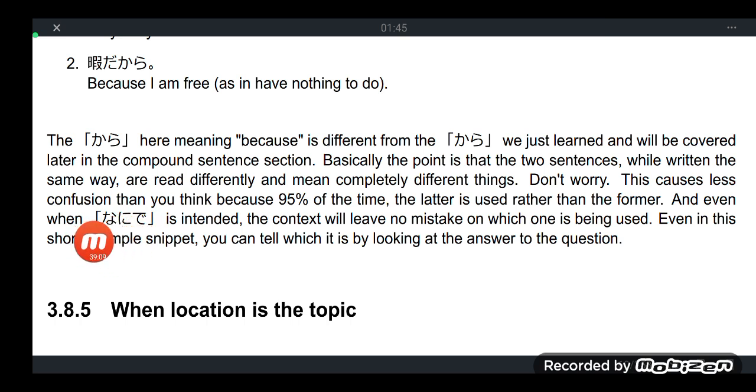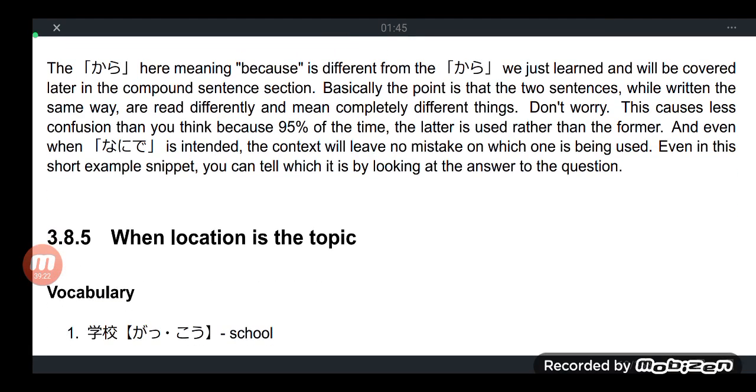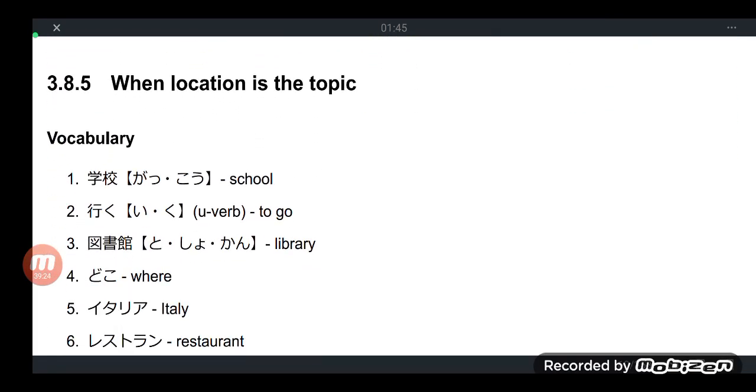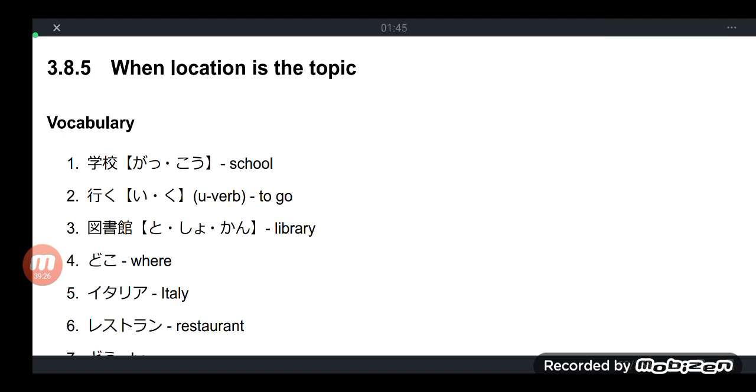And even when the nani de is intended, the context will leave no mistake on which one is being used. Even in this short example snippet, you can tell which it is by looking at the answer to the question. So let's take some more examples.